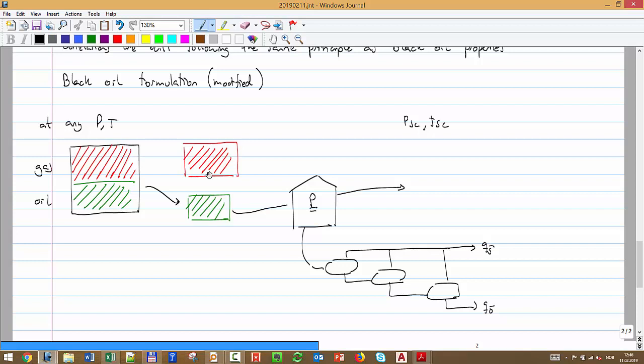But if I want to keep my life simple, I simply take exactly the same, and then I calculate at another pressure and temperature at the same composition. And what I'm going to find is some oil, and some gas that comes from the oil.